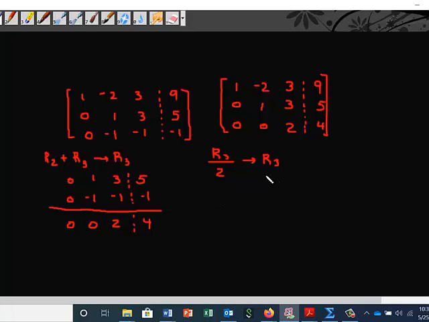So this is going to be 0 over 2, 0 over 2, 2 over 2, and then 4 over 2. So this is our new row 3: 0, 0, 1, and this will be 2. Look at that. Very good.